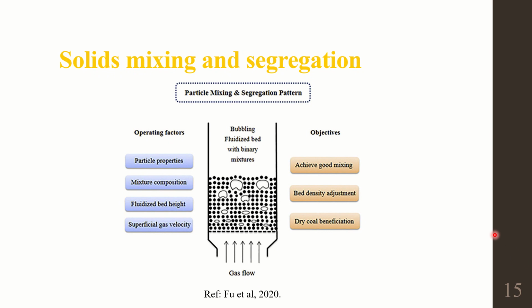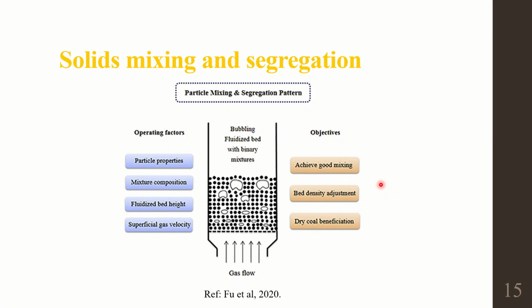But when we are dealing with more than one particle which differ in terms of their density and size, the particles can either segregate or have complete mixing. So it is very much essential to identify which regime it is following, mixing or segregation. That can be influenced by identifying the velocity that is passing inside the bed.